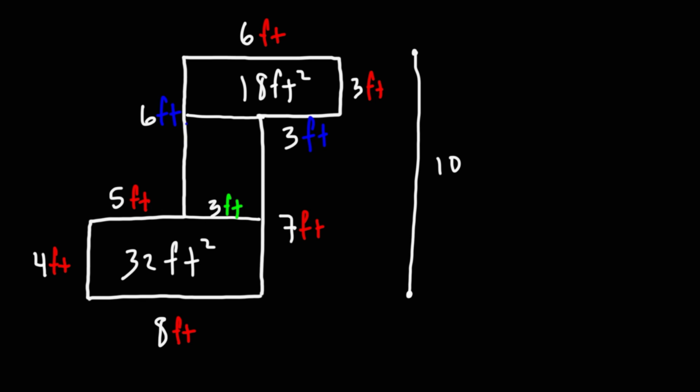Now what can we do to find this side length? Notice that this part is 6 and this is 3. 6 minus 3 will give us this side length, which is also 3.